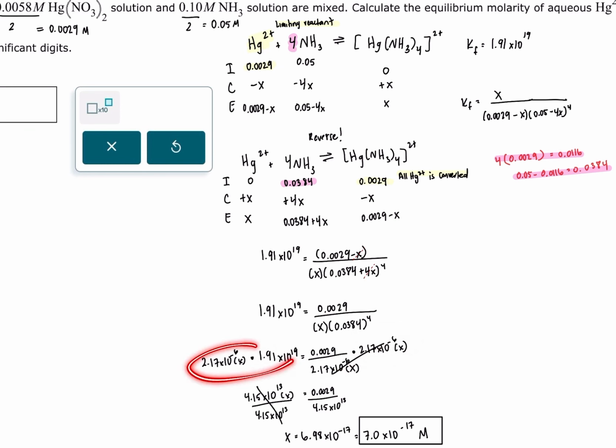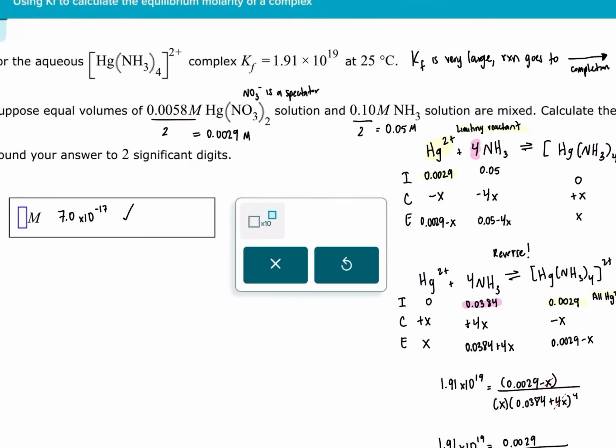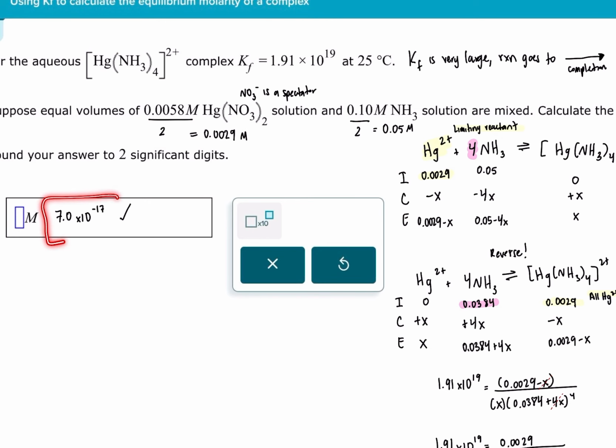Then I multiplied these two together, and that gave me this number. And then to solve for x, I just divided by that 4.15 times 10 to the 3. And that gave me this number here. And to 2 sig figs, it's 7.0 times 10 to the negative 17th molar. And I just put that right in here.